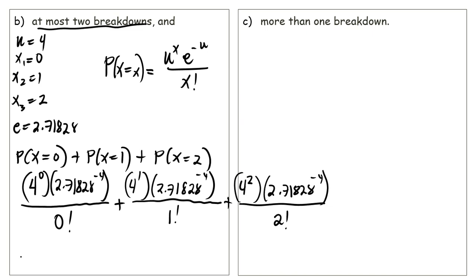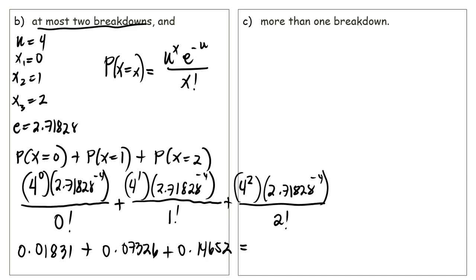So, sa first po natin, answer is 0.01831 plus, sa second naman natin, answer is 0.07326. At sa third natin, answer is 0.14652.